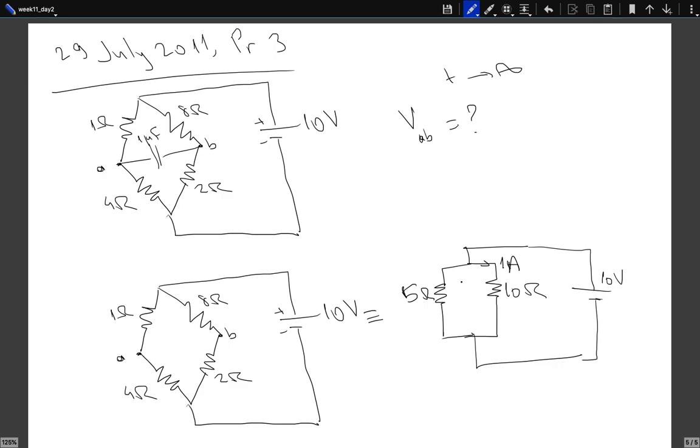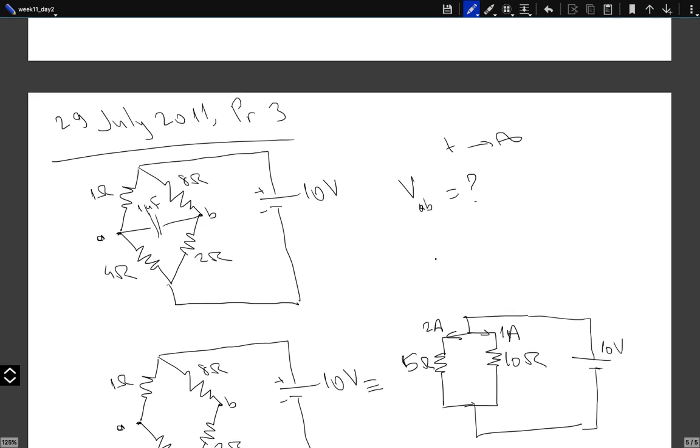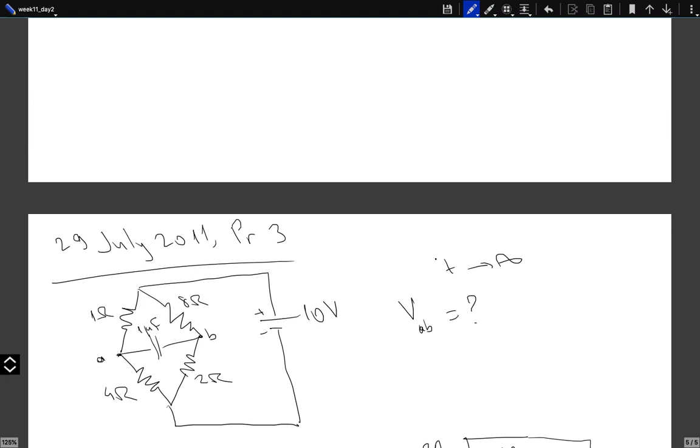Again 10 volts. The current running through that resistance, 2 amperes. Now let's go back to our initial circuit. We had already determined that here there is 1 ampere running, here there are 2 amperes running.